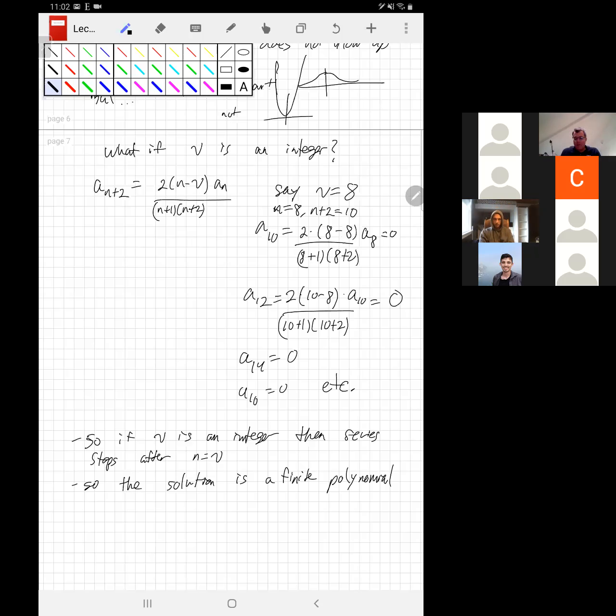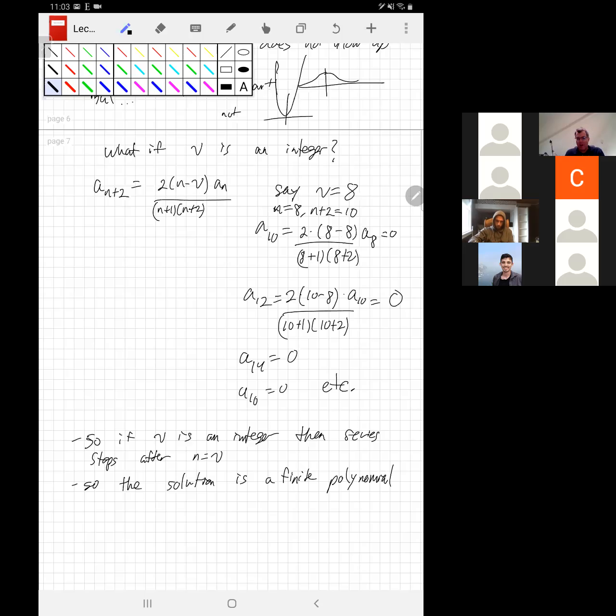What you need to take away at this point is that when we solve equations like this, when we write down these series, sometimes the equation will have a parameter in there that, if it has an integer value, can cause the series to terminate and become a finite polynomial. And we do that either to make sure that the series converges or to make sure that the function has some other property that we care about.